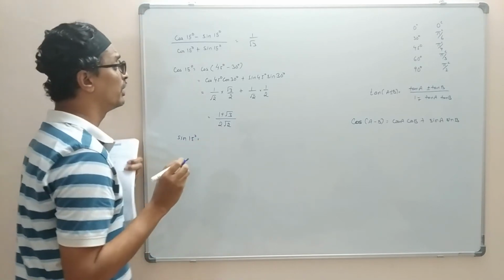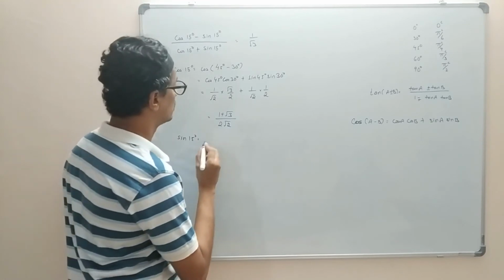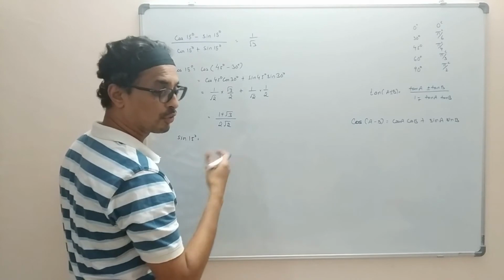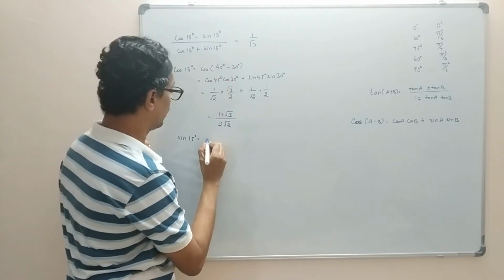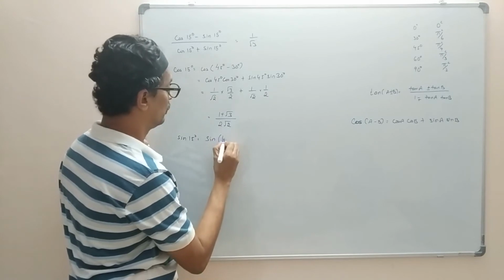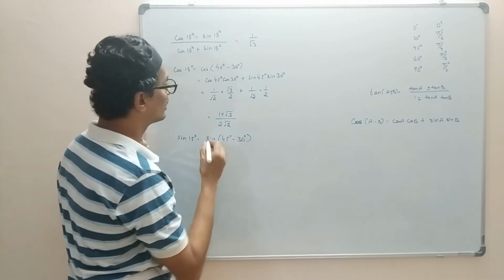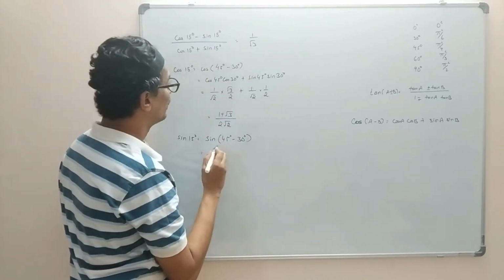What will be sin 15 degree? See, there are many ways you can do it. You can write it in tan form, and you can use a tan formula also. We are taking this one: sin 15 degree equal to sin of 45 degree minus 30 degree. All these trigonometric things you can solve in many ways. It's not only one way.